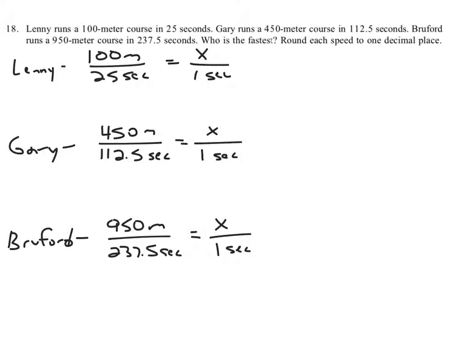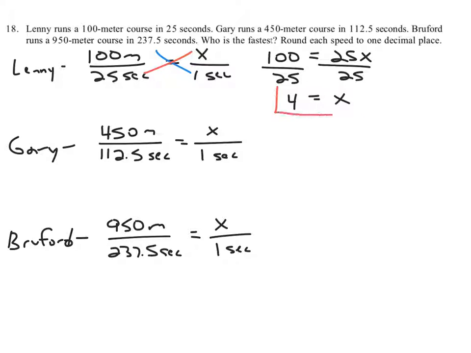We can say this times this equals this times this, or 100 equals 25x. And when we divide both sides by 25, this one is 4. So this guy Lenny is running 4 meters per second.